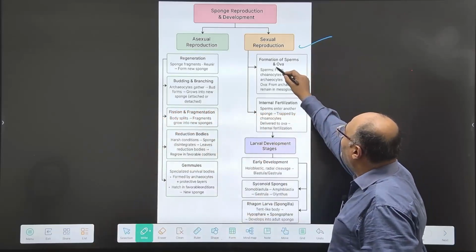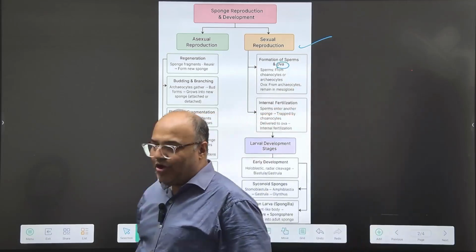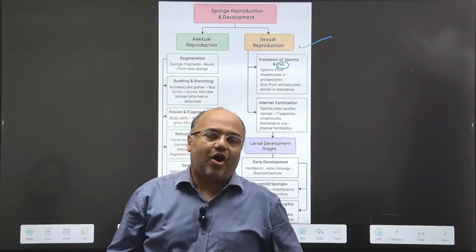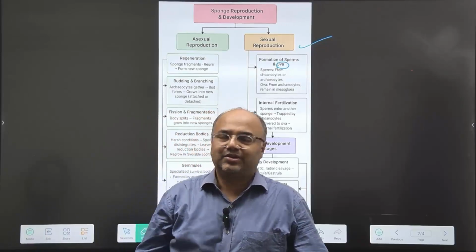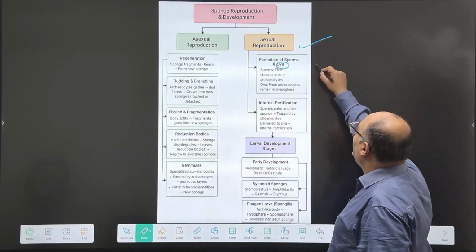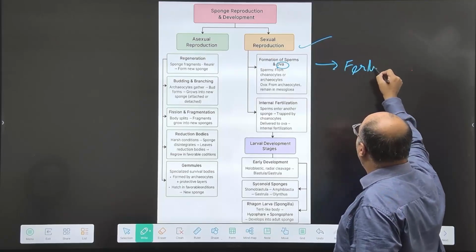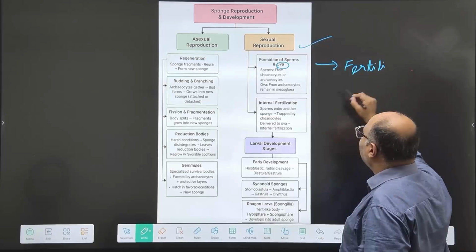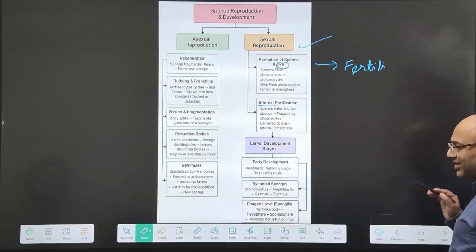So we have an ova or the egg cell which is produced in the mesohyl or the mesoglia of the sponges. How? From the archaeocyte. And that stays there. So sexual reproduction involves fertilization. Fertilization in almost all cases is internal. It is rarely external.